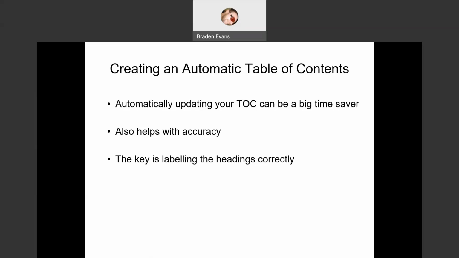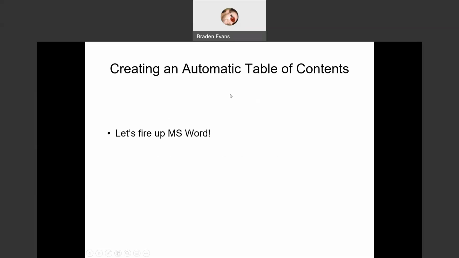Things aren't labeled correctly or consistently. There are a lot of errors that can be made when we're doing a table of contents manually. But it's so easy to do automatically, and it saves you all the trouble of having to correct errors, okay? It's a lot more accurate. So we're going to walk through the process of creating an automatic table of contents together. And hopefully you'll find this useful when you're writing your report.